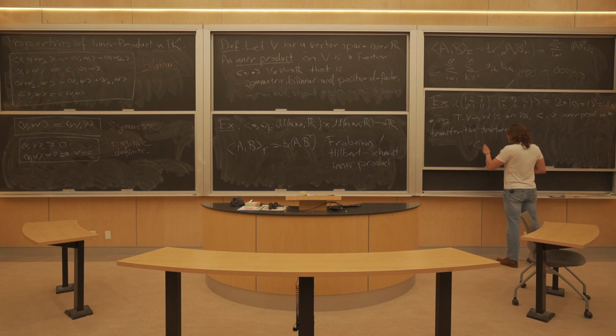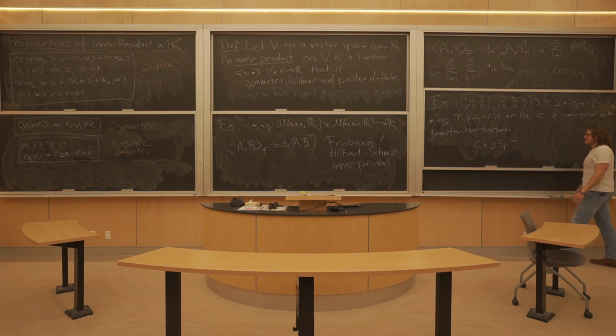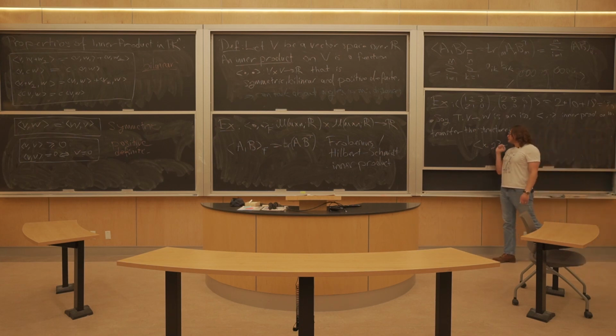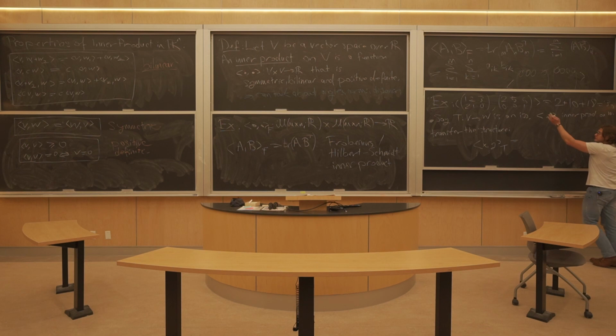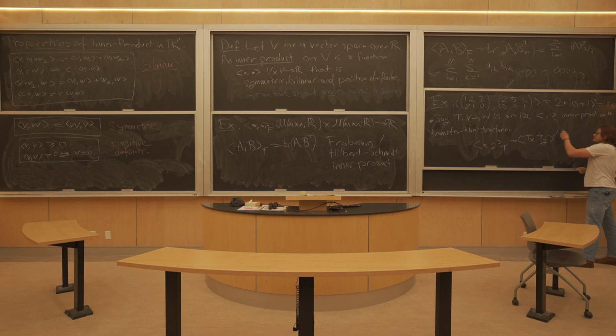Let's say x against y relative to T is just going to be this. Look at the images, so T of x and T of y. That's going to give you two vectors in W. Now take their inner product using this. So this is the one that I had already.